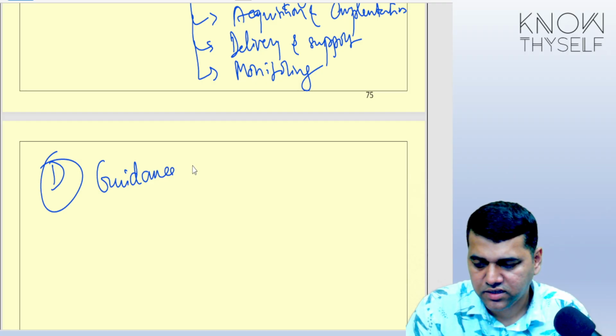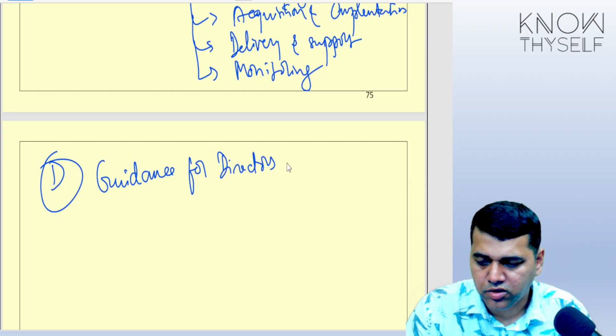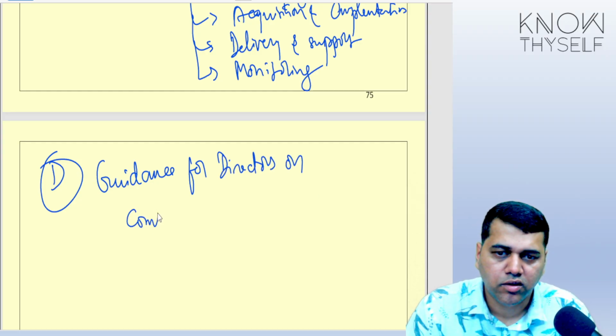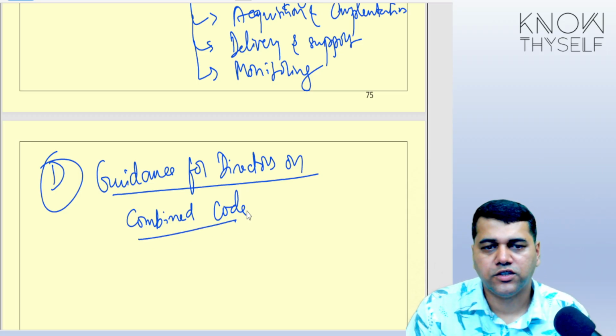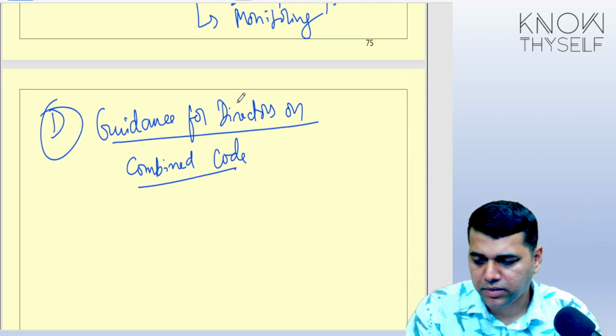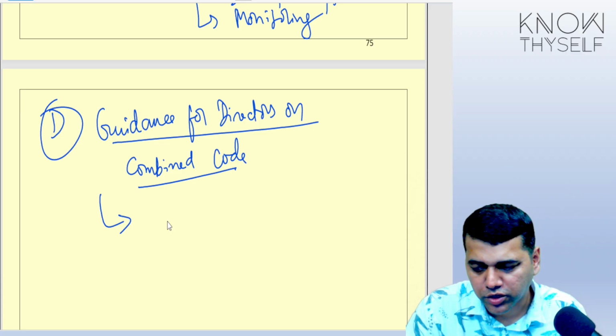Then guidance for directors on combined code. Nothing more important. COBIT was important.